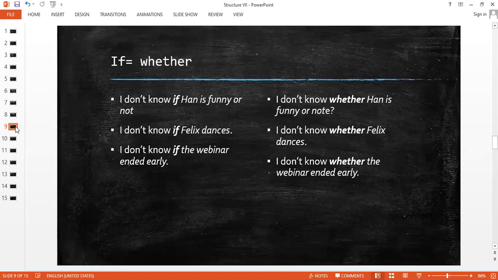Another expression of noun clauses: "if" has the same meaning as "whether." Here "if" is not a condition, but also a noun clause expression.